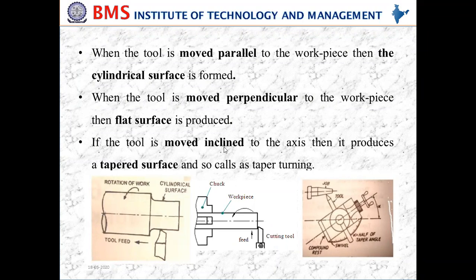And similarly, when the tool is moved perpendicular to the axis of the workpiece, see here, this is the axis of the workpiece. When the tool is moved perpendicular to this, means in this transverse direction, then we are going to get a flat surface, means reduced in length. So this is the flat surface which you are going to obtain when you move the tool perpendicular to the axis of the rotation or perpendicular to the axis of the workpiece.